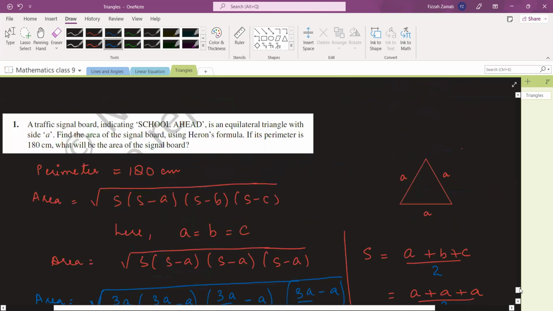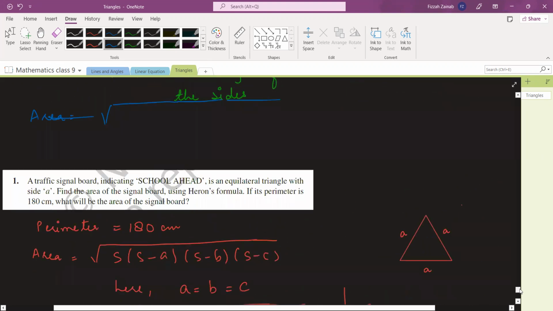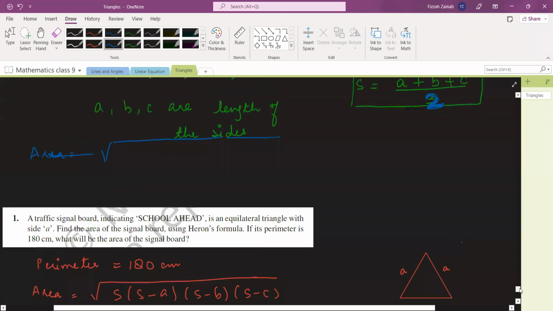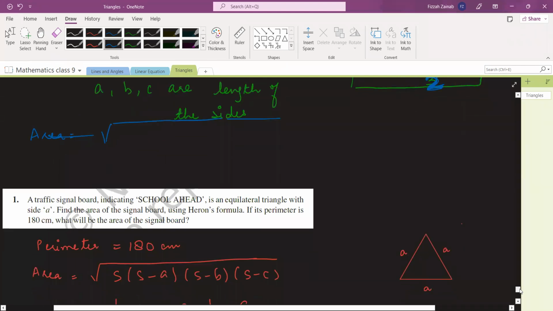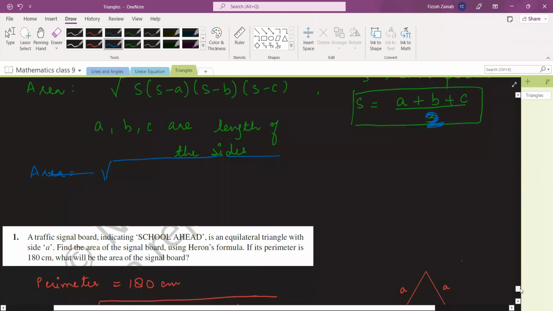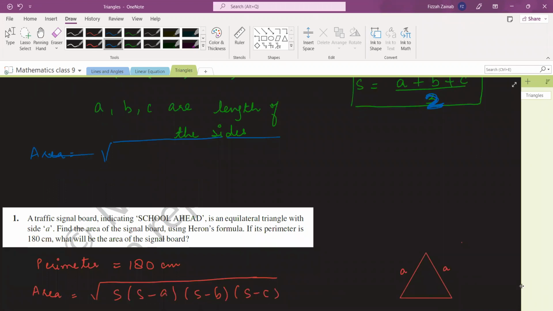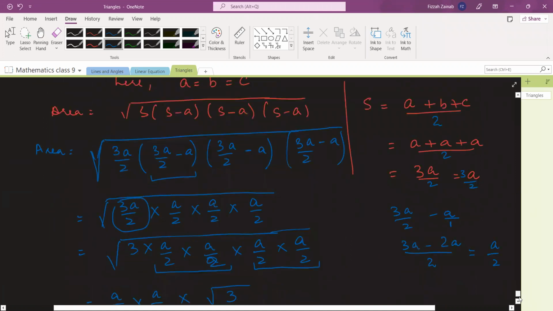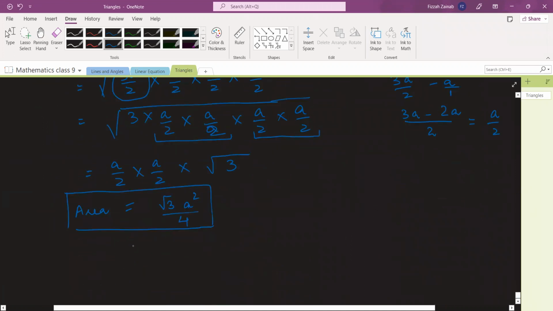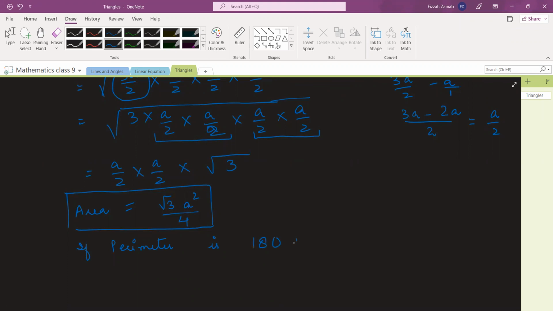Yes, ma'am. Now in the question it is given, if the perimeter is 180 centimeter, what will be the area of the signal board? Right? So if perimeter is 180 centimeter. Now what is perimeter?